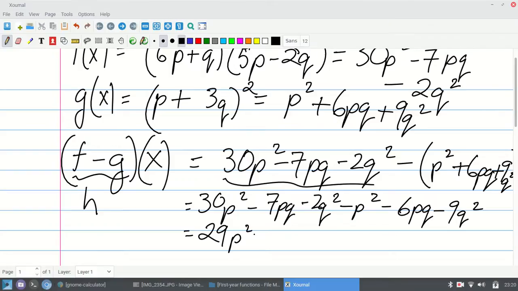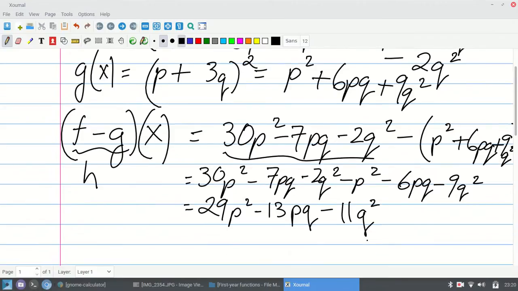Minus 7pq minus 6pq is -13pq. Minus 2q squared minus 9q squared is minus 11q squared. And so that's what I get for f minus g of x.